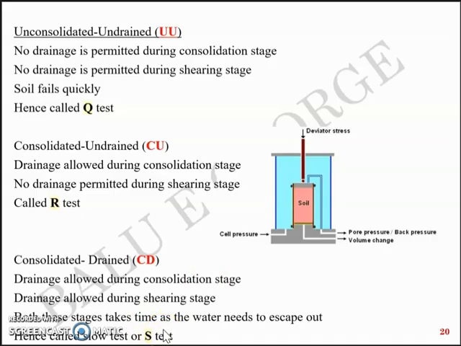So when you allow water to escape out, it means that the soil takes longer time to fail. So it's called a slow test. And here you have the quick test Q, here you have the slow test S, and in the middle you have the R test, for no other reason than that R falls between Q and S in alphabetical order.